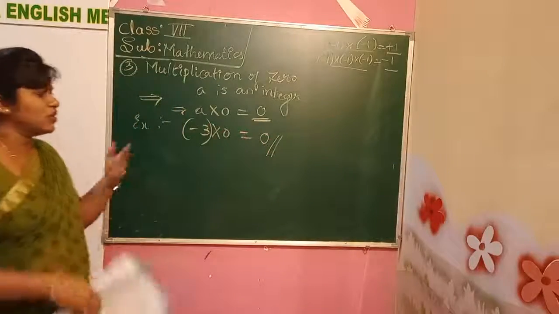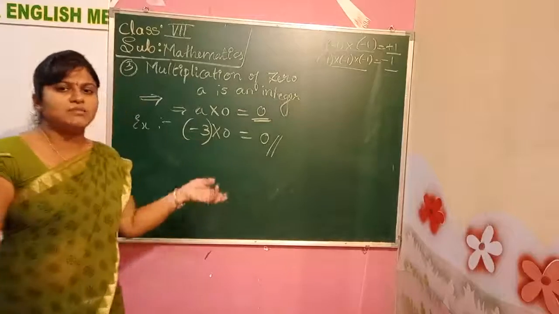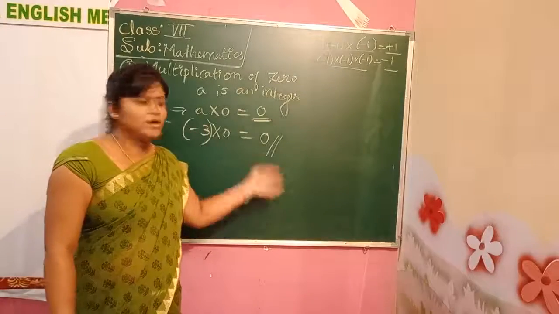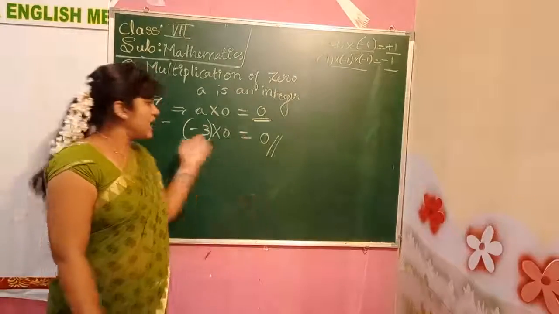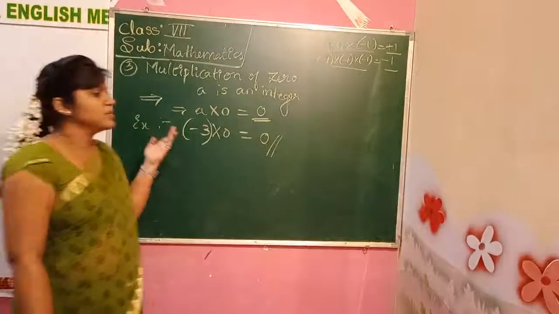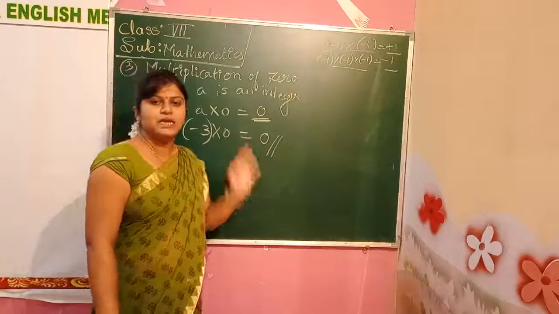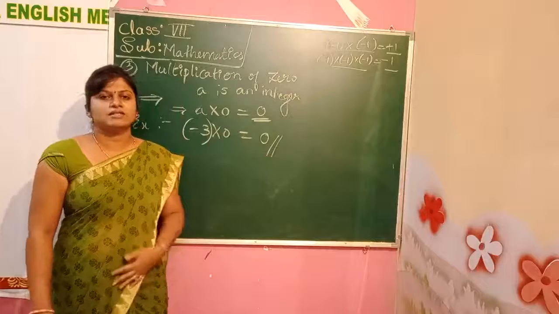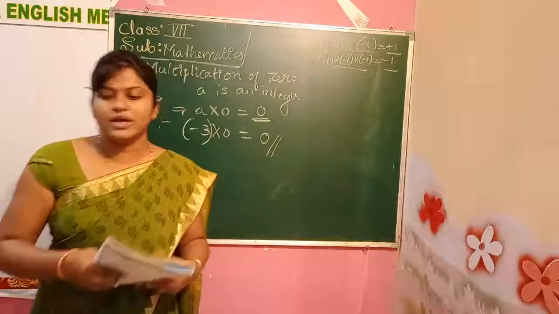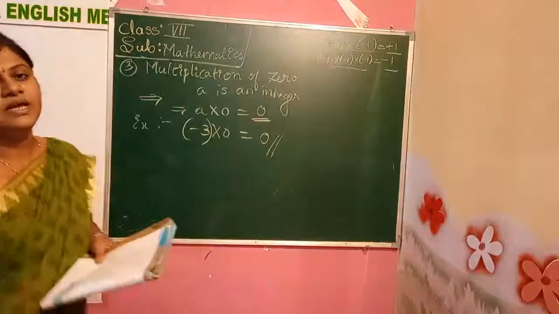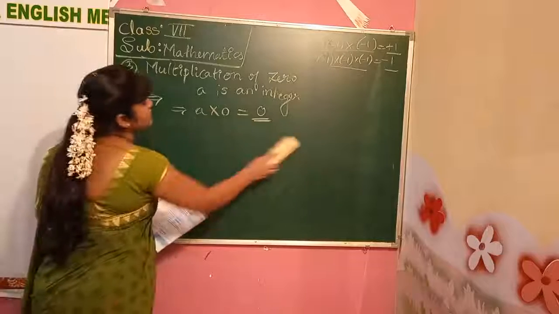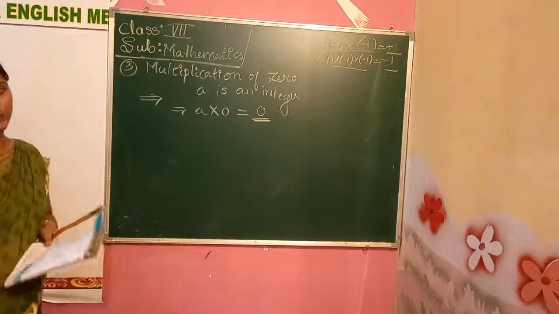Whichever number we have, when we multiply 0 with any number, we get 0 only. A lakh, 1000, 10,000, but if you are multiplying with a 0, obviously the answer will be 0 only, because 0 doesn't have any value. This is the multiplication of 0.